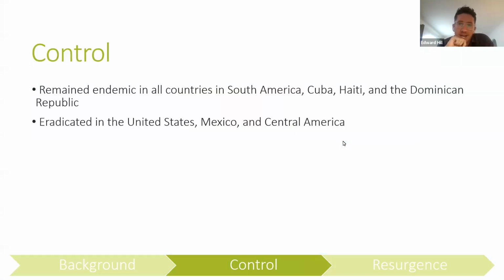This is a summary slide of the eradication efforts. The scientists were able to eradicate the New World screwworm in the U.S., Mexico, and Central America, but things remained endemic in South America, Cuba, Haiti, and the Dominican Republic.